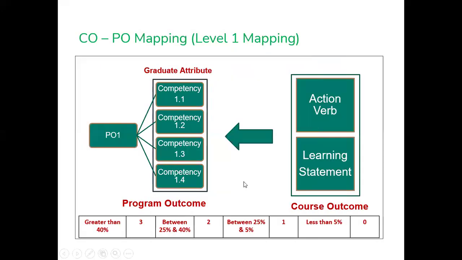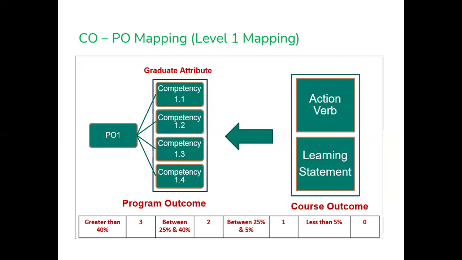Then, how can the CO-PO mapping be done? Here, you have to identify the different competencies related to a particular PO. Just like we have considered competency related to communication skills, say, for example, the ability to read, write, comprehend, even you can say listen, communicate properly.